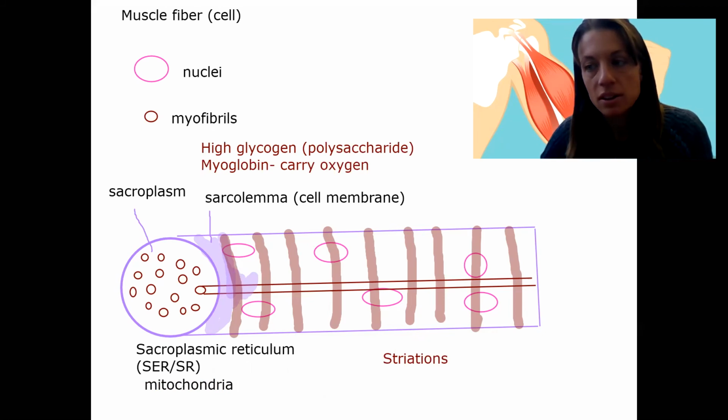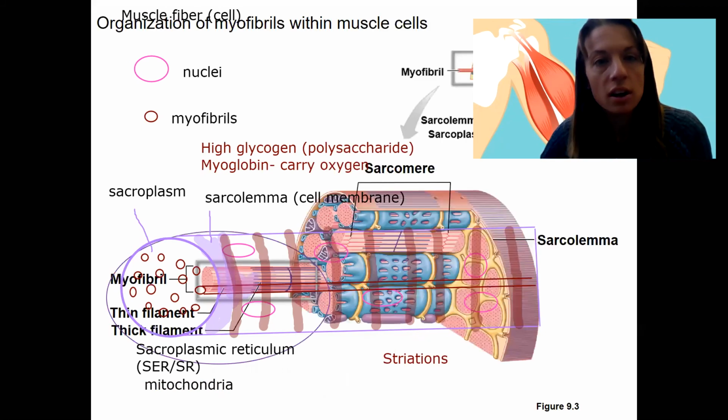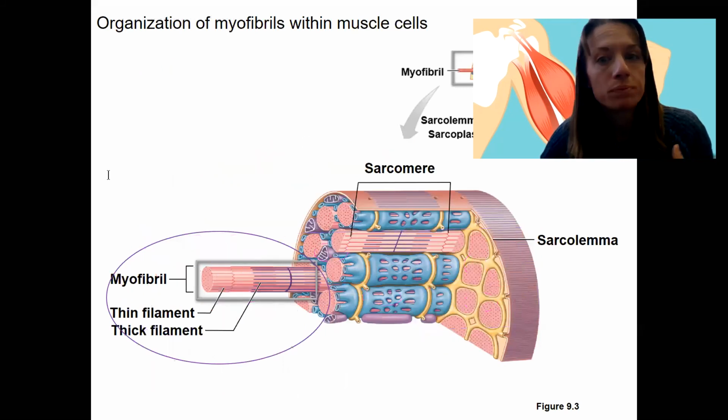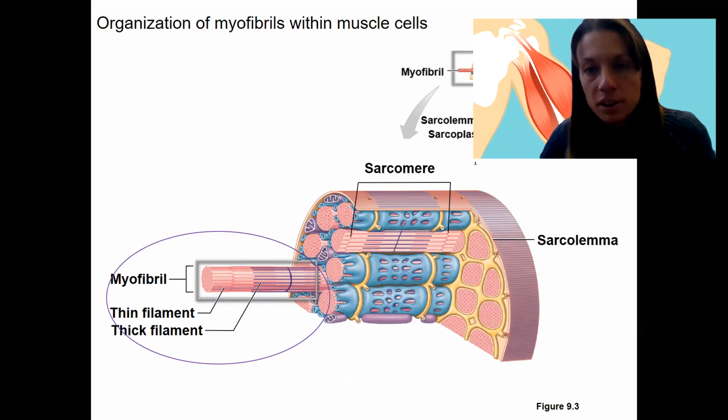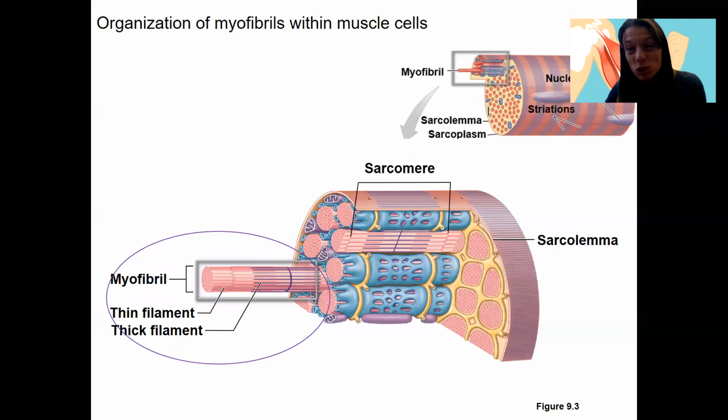Okay, this next image here is very similar to what I just showed, but with a little bit different detail. Up in the top right here, that's basically what I just showed you. We're breaking down the myofibrils. So this is showing the structure of a single myofibril, which makes up the bulk of that sarcoplasm in the muscle cell.